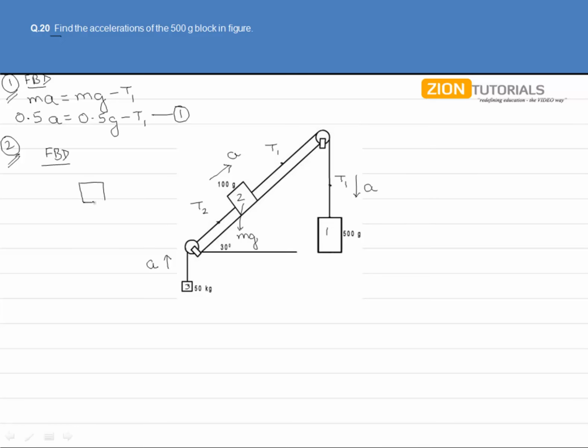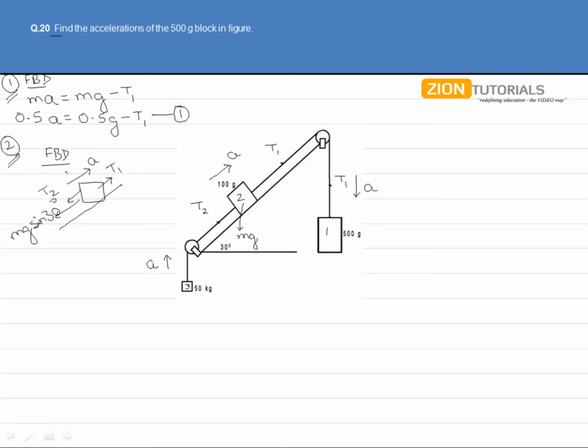We have a block along the wedge having an mg sine 30 degrees force in the downward direction, also a T2 force in the downward direction along the wedge, and a T1 force along the wedge in upward direction, having an acceleration A along the wedge in upward direction.